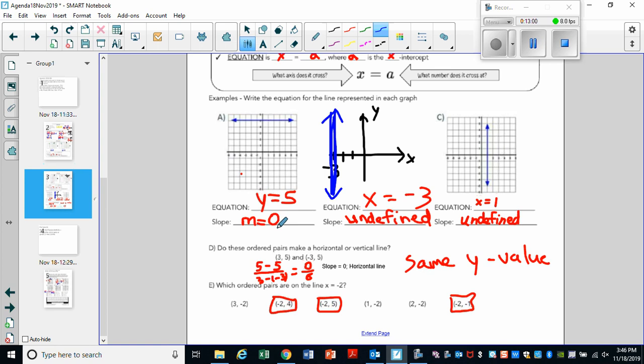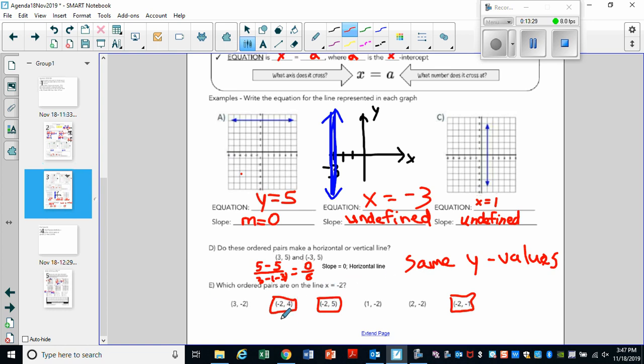So horizontal line, your slope is 0. Vertical line, slope is undefined. That's A, B, C in a nutshell. D, ordered pairs make a horizontal and vertical line. Since the y values are the same, you're going to have a slope of 0. You will have a horizontal line. And then for E, you look at where x is -2.